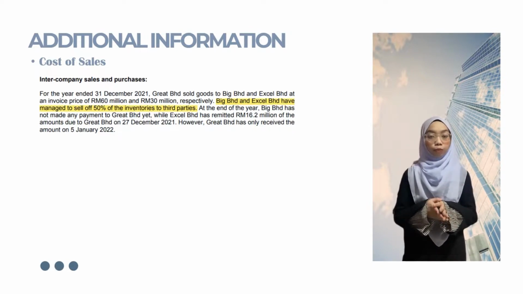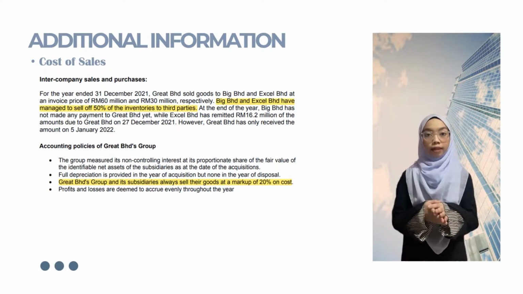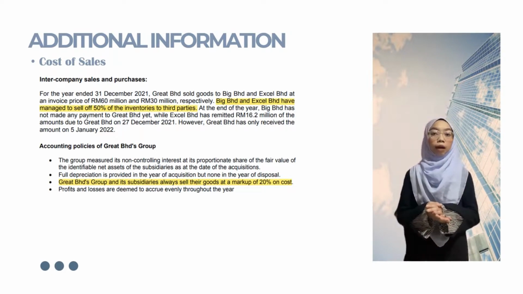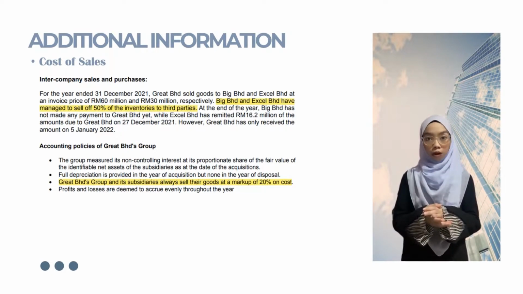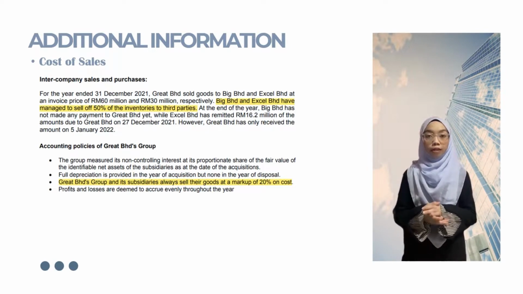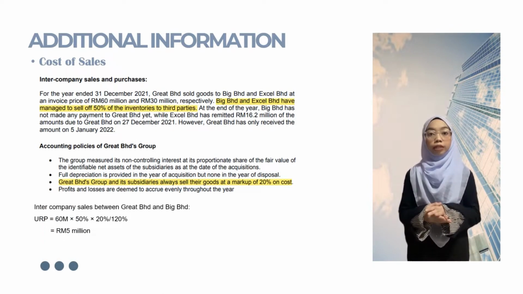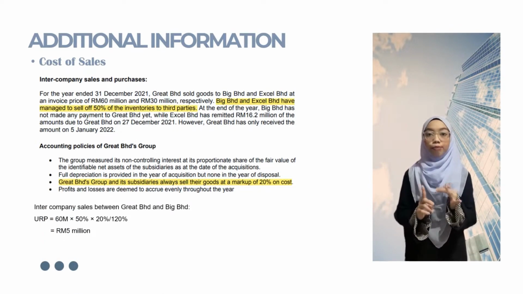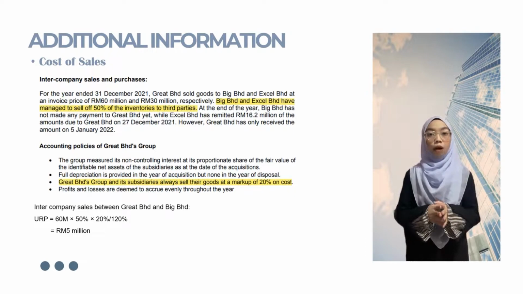The accounting policies for Great Berhad Group stated that they always sell their goods at a markup price of 20% on cost. The calculation of unrealized profit amount for the sales of goods is as shown in the slide. For the intercompany transaction between Great Berhad and Big Berhad, we have to multiply 60 million ringgit with 50% and 20% over 120%, which we will get 5 million ringgit.